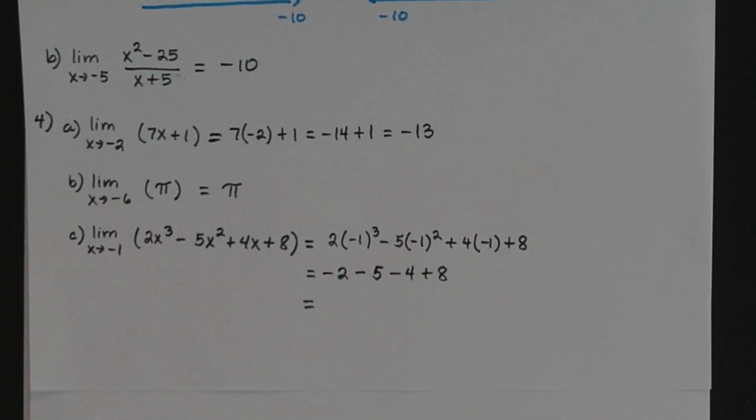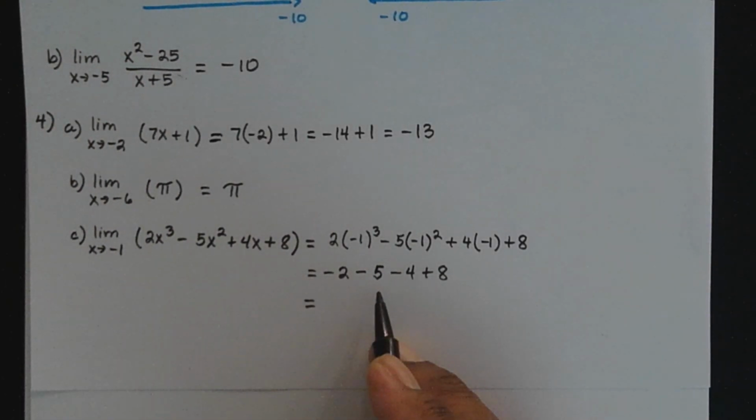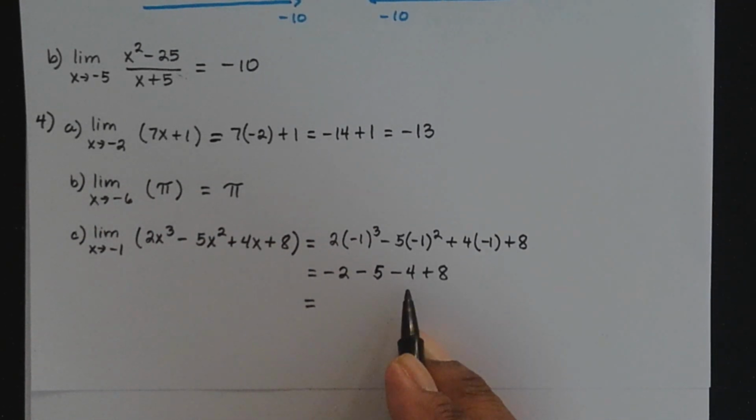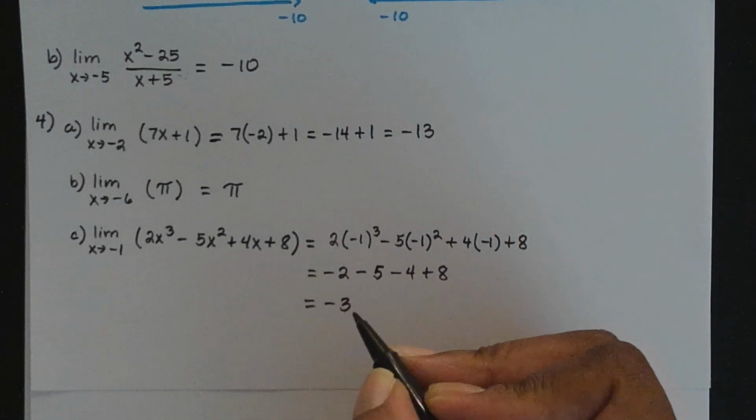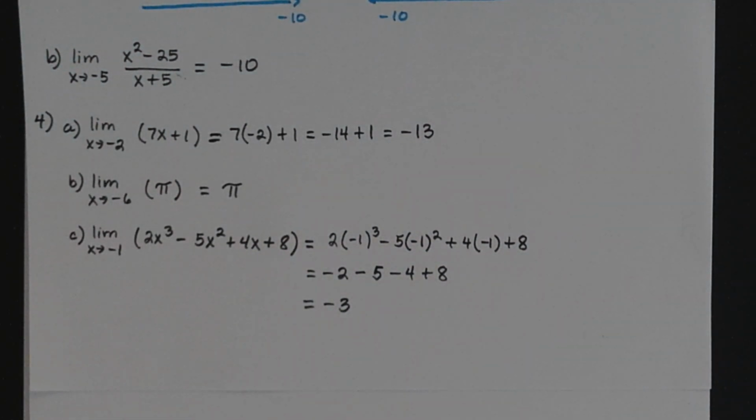Simplify: -2 minus 5 would be -7. -7 minus 4 would be -11, and -11 plus 8 would be -3. So the limit as x approaches -1 of 2x cubed minus 5x squared plus 4x plus 8 would be -3.